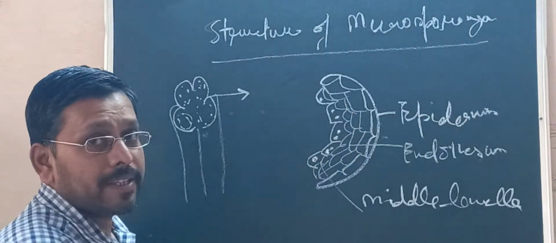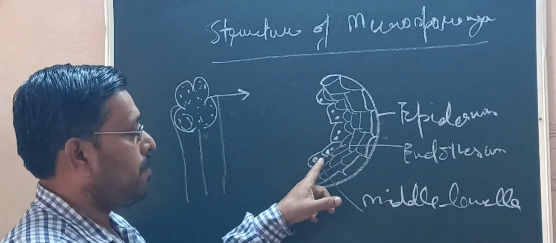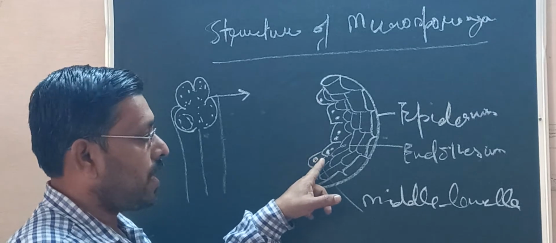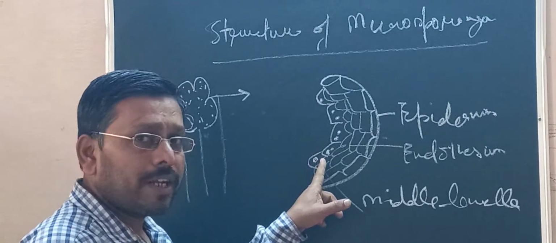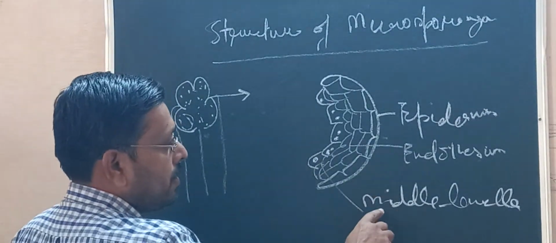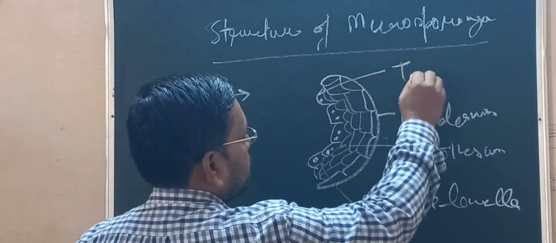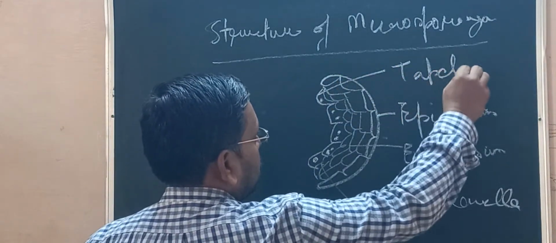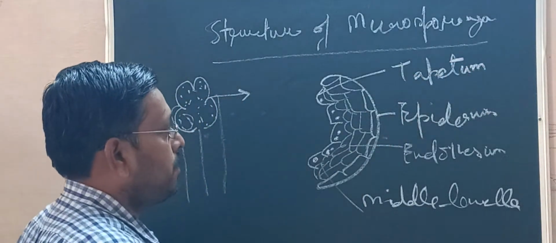So the first layer is the epidermis, then the endothecium, then the middle layer. The cells of the middle layer may be binucleate or have more than one nucleus. Then come the cells of the tapetum.